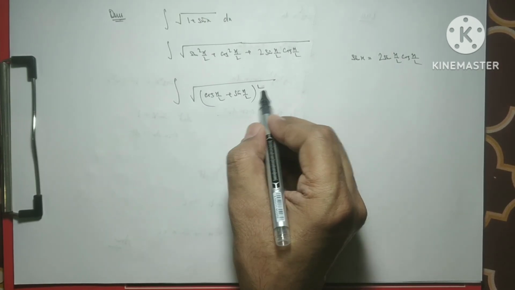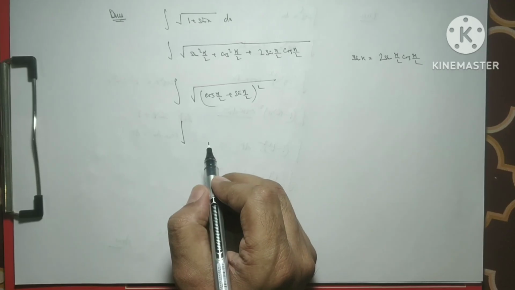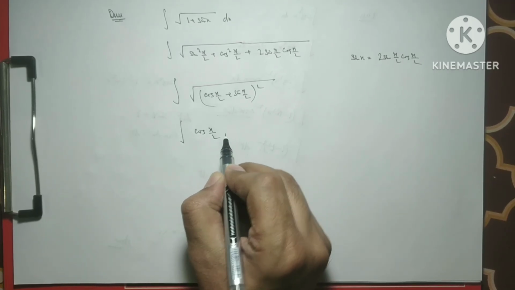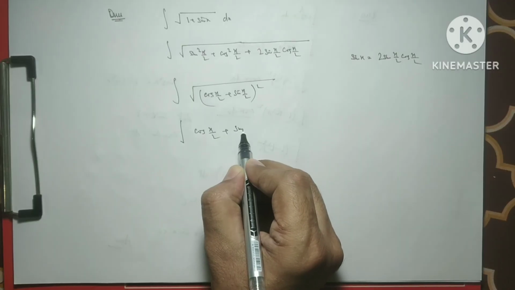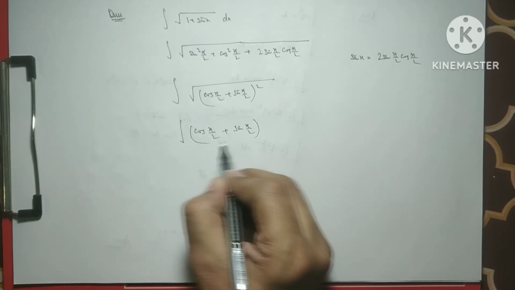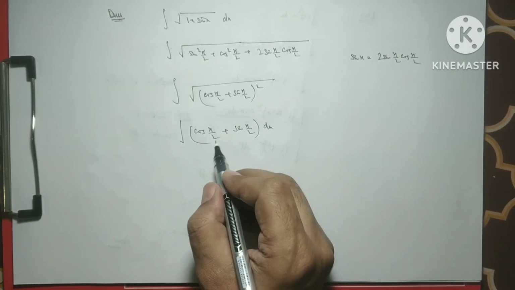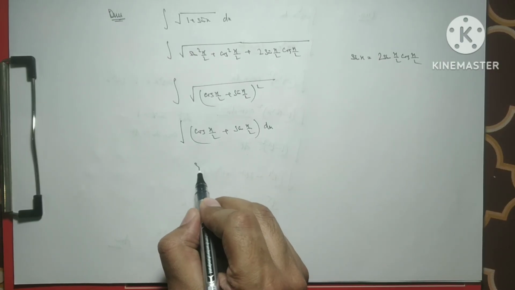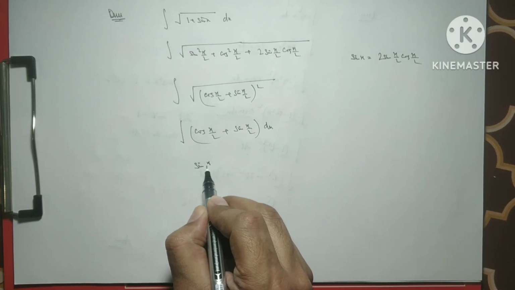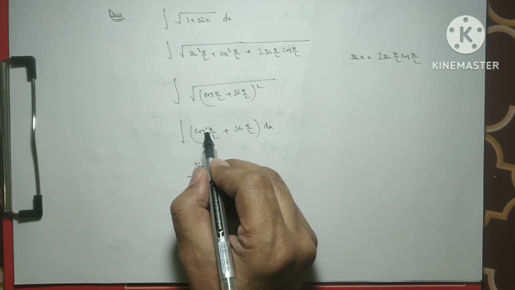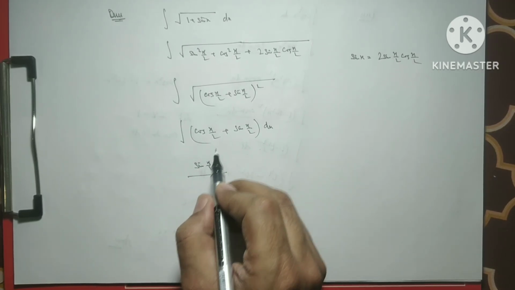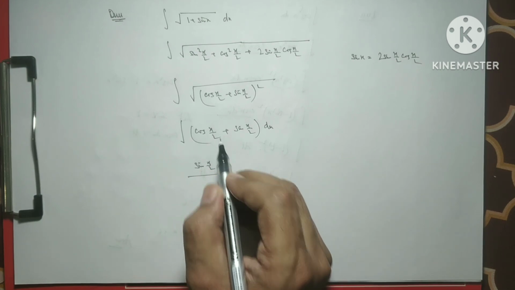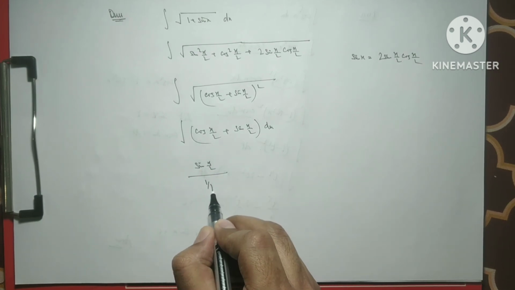right now. Under root and square will be neutralized, and we get the result cos x by 2 plus sin x by 2. Now on integration we get the standard integration of cos is sin x by 2, and it is divided by the differentiation of this substituted part, so it is 1 by 2.